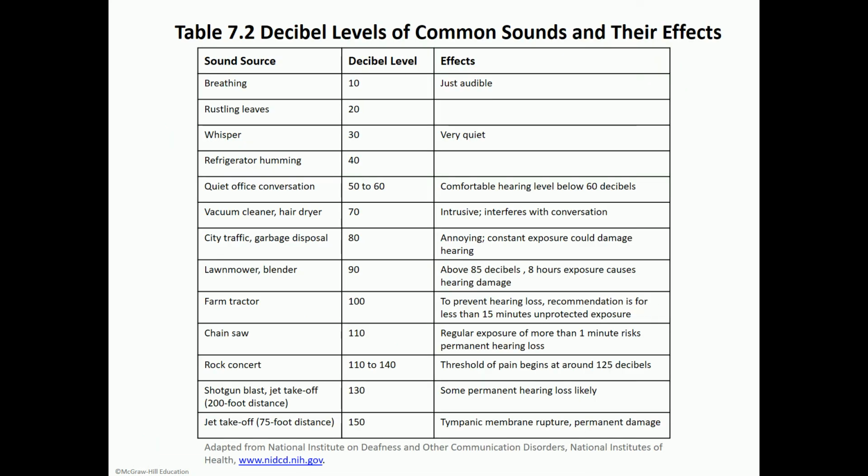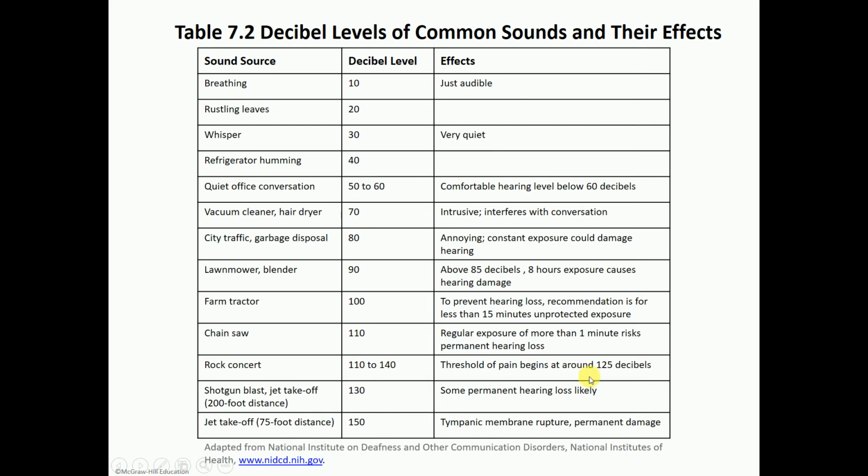You definitely do not need to know these numbers, but I just thought it's very interesting to figure out what the different levels of hearing are. So we can go from just audible breathing sounds. You can see, for example, a vacuum cleaner or a hair dryer is a little bit louder, all the way up to a rock concert, where these are the levels of decibels that you can hear.